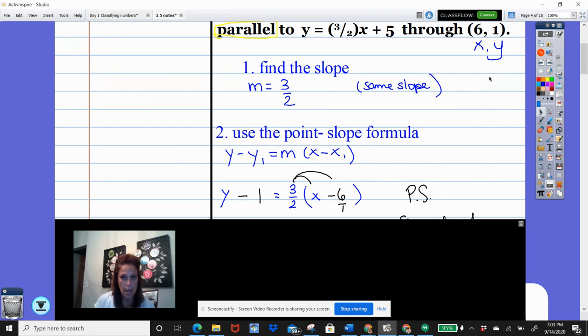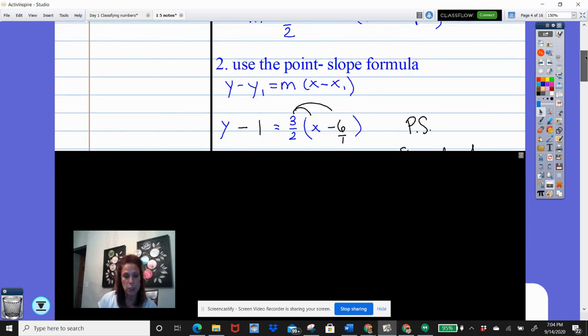Remember, the 1 is the y, so that's why we're going to do y minus 1. And then the 6 goes in for x, this x here. And so it's a minus 6, and then we plugged in our slope. And this right here answers one of the questions. You'll put that next to your PS on your worksheet for point slope.